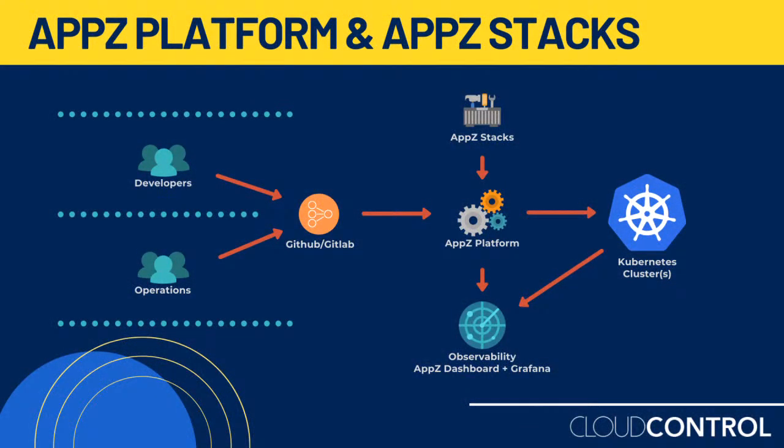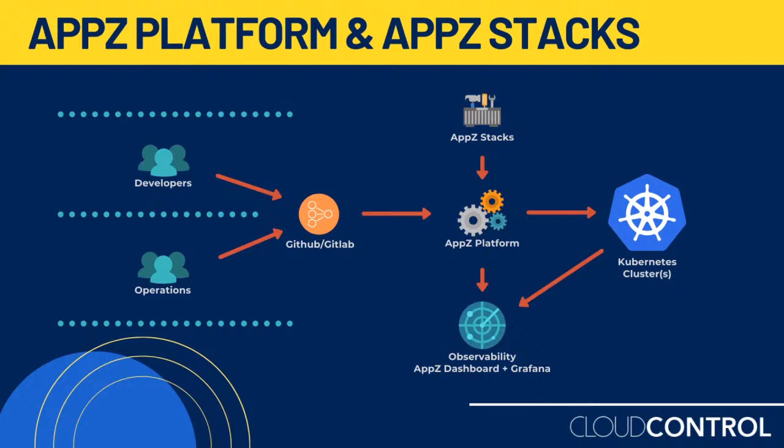Let's switch back to the picture and start in the middle. Our platform, the AppZ platform, sits in the middle, and it comes with a built-in Kubernetes, but it can also integrate with any Kubernetes, as I said earlier. The platform has a GitOps engine, which takes your code, and this code could be your application code, or your configurations to consume other cloud services.